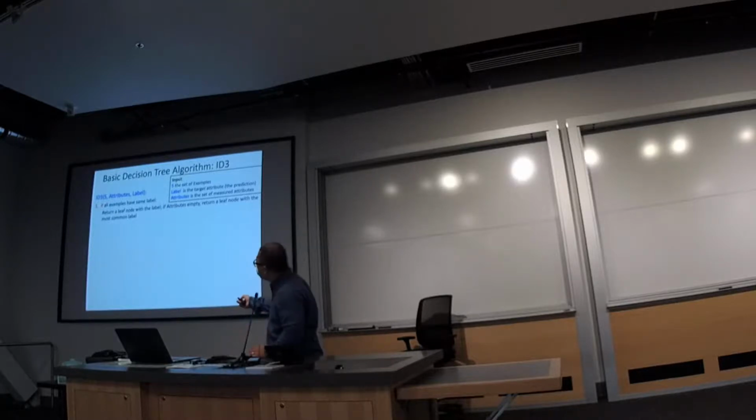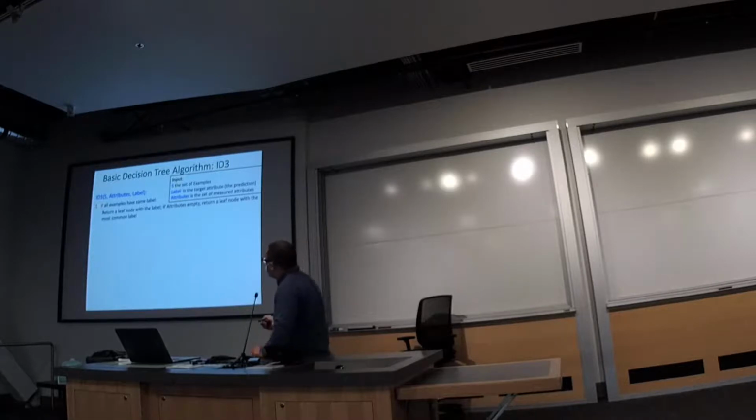And the very first case, if all examples share the same label, it's pretty intuitive, right? When all the examples are uniquely labeled, we should stop and create a leaf node, right? But be sure to test if your attributes are empty. If your attributes have been used up, you should stop as well.